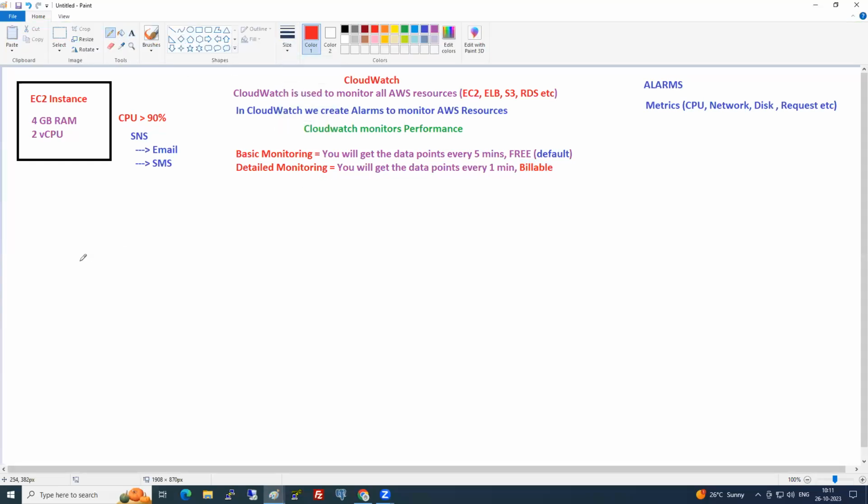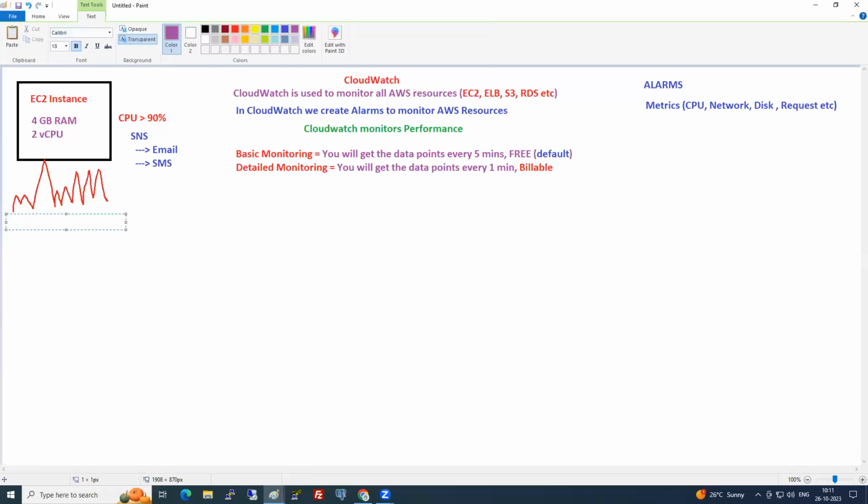Data points, meaning here, you will get the CPU utilization like this. You get it like this, no? So for basic monitoring, let's say at 9 o'clock, what is the next point you get? 9:05, 9:10, 9:15, 9:20.